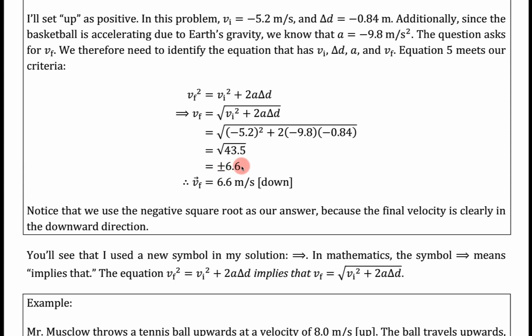So positive 6.6 is a solution, as well as negative 6.6. In this case, we're actually using the negative square root as our answer, because it's clear that the final velocity for our object would be in the downward direction. The positive answer doesn't make sense. The final velocity clearly wouldn't be in the upward direction if I'm throwing the ball downward.